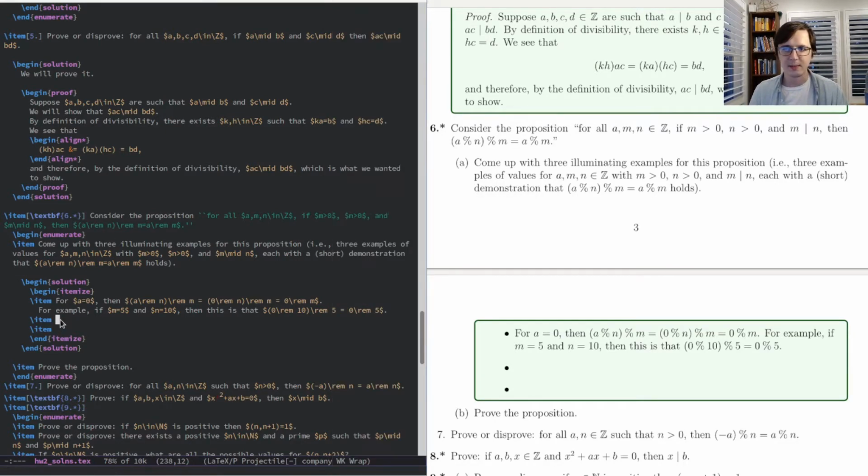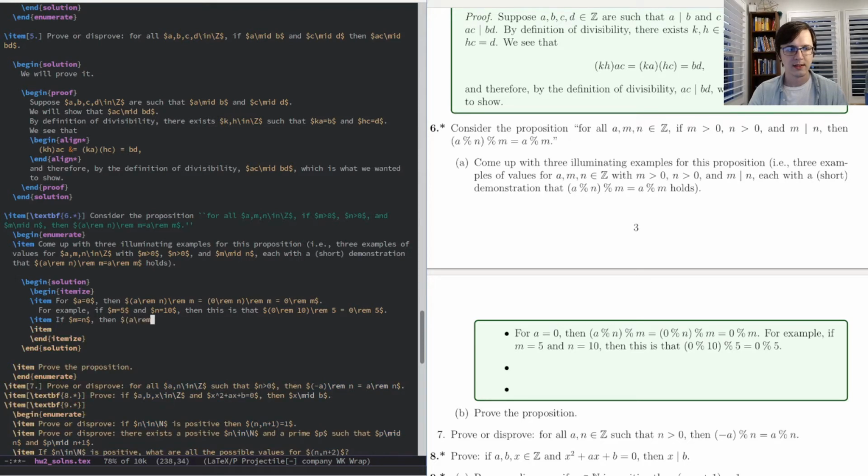What's another example that I came up with? Oh, if m equals n. So a remainder m equals a remainder m.